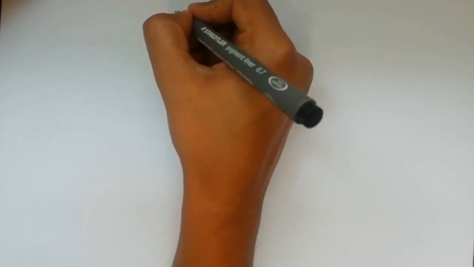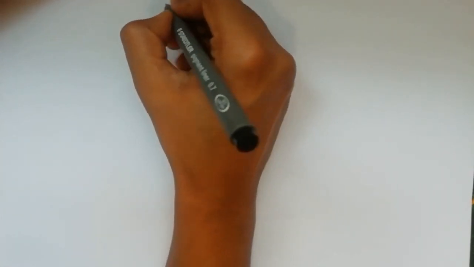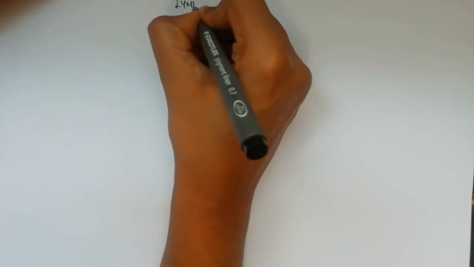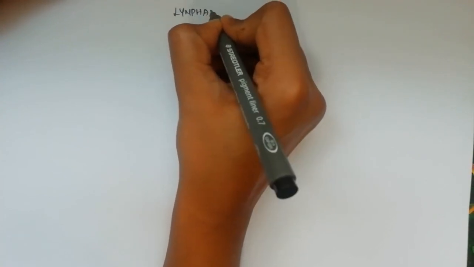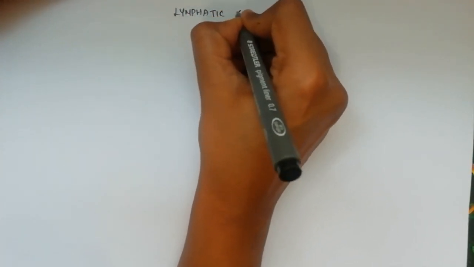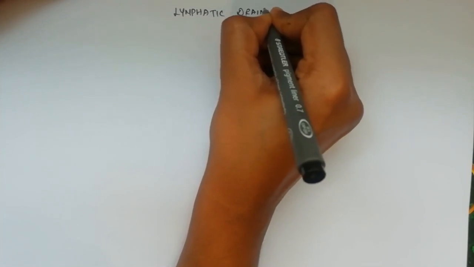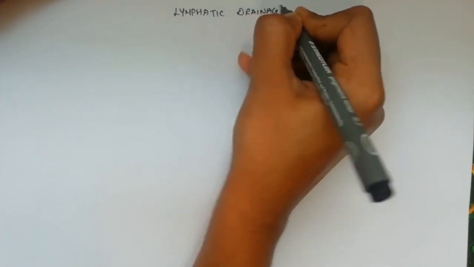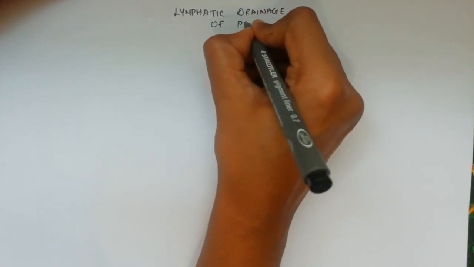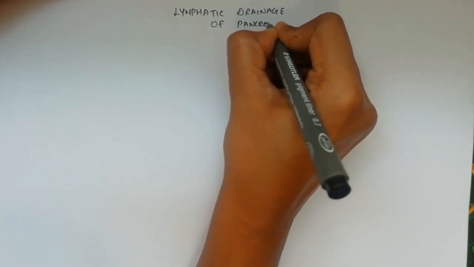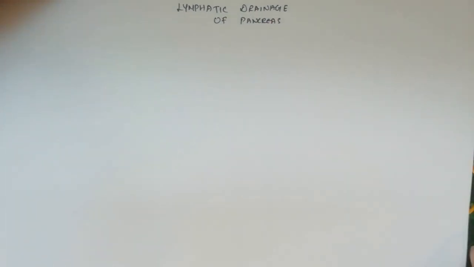So the head region and neck region are getting drained into the pancreatico-duodenal lymph nodes. The body and the tail region are getting drained into the pancreatico-splenic lymph nodes. So these are the two groups of lymph nodes for the collection of lymphatics: from head and neck to the pancreatico-duodenal, and from body and tail to the pancreatico-splenic lymph nodes.